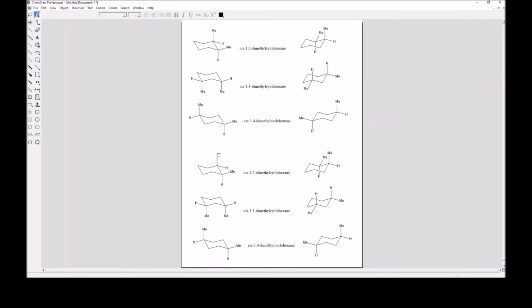Only now I just need to start all over again with my labeling. So I'm just going to erase my slate right here. And now instead of cis, I want to focus on the trans. So we'll type in trans.